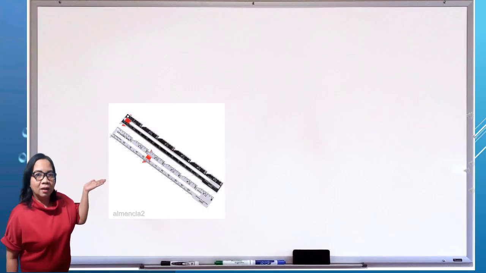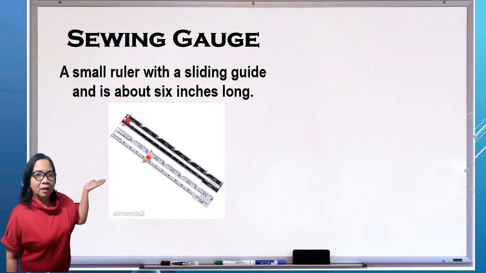Are you familiar with this measuring tool? Have you used this kind of tool? This is a sewing gauge. This is a small ruler with a sliding guide and is about 6 inches long.